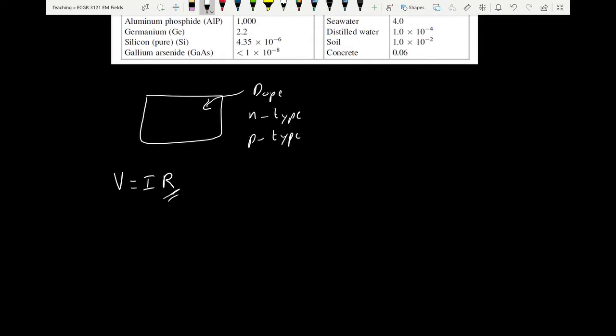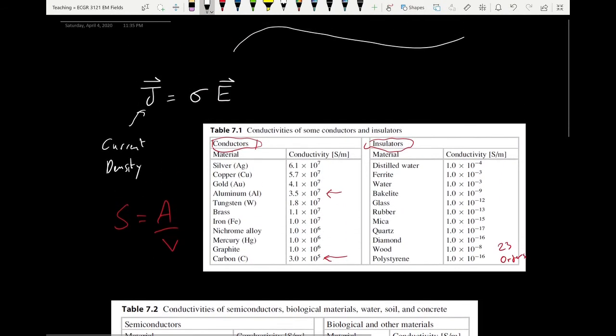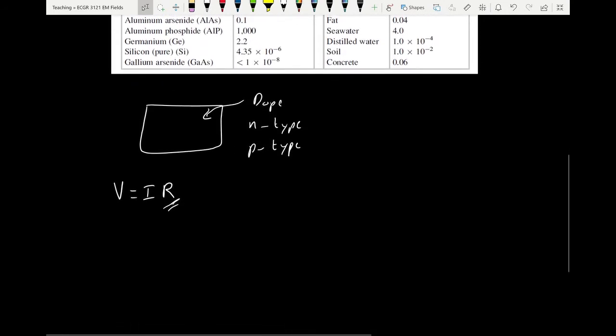Let's tie Ohm's law in its field form to Ohm's law in its circuit form by evaluating R using the field variables. So R would be V over I, right?